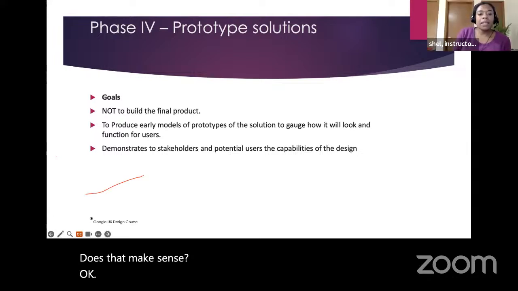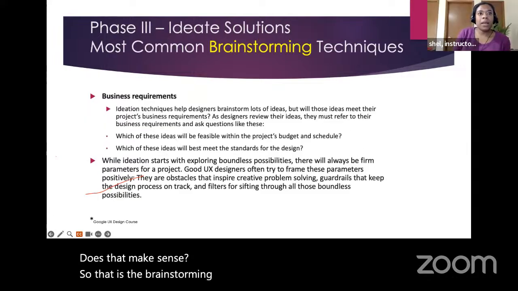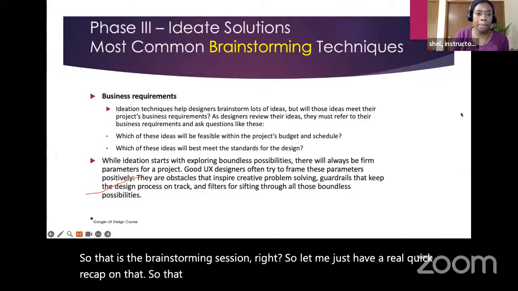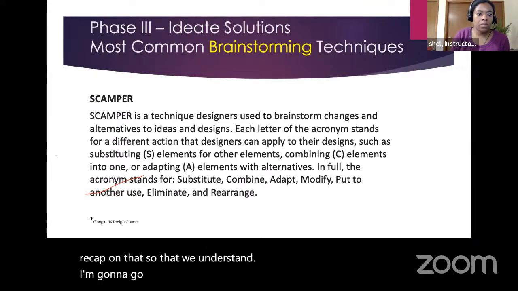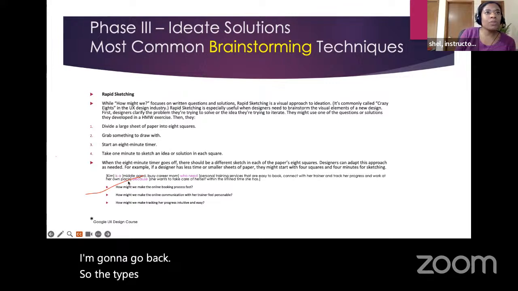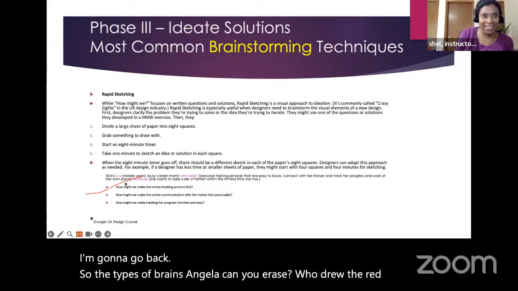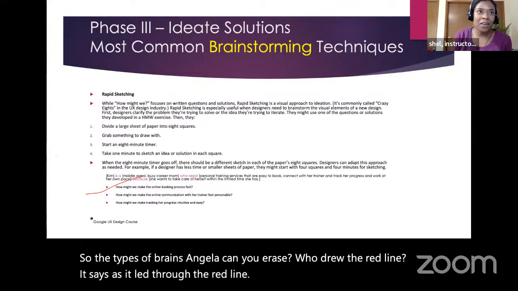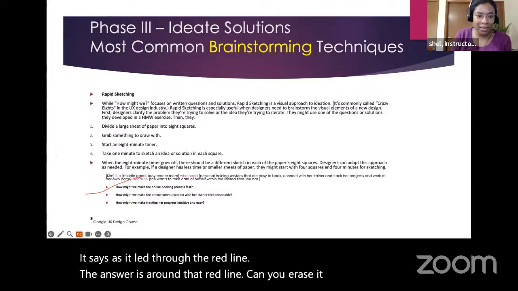So that is the brainstorming session, right? Let me just have a real quick recap on that so that we understand. I'm going to go back. Angela, can you erase the red line? It says Angela drew the red line. Did Angela draw that red line? Can you erase it if you did?